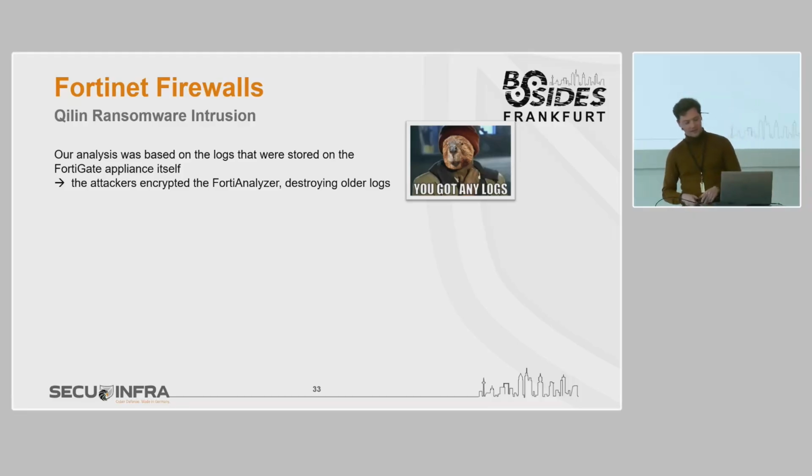The issue here is this FortiAnalyzer system, or this VM, is mostly not really considered in the security posture or policies. It's not a tier 0 system for many companies, so it can also get ransomed, which means all logs are destroyed. Now, the FortiGate itself stored some logs for a few days, but not for months back. So we can still use them a little bit.